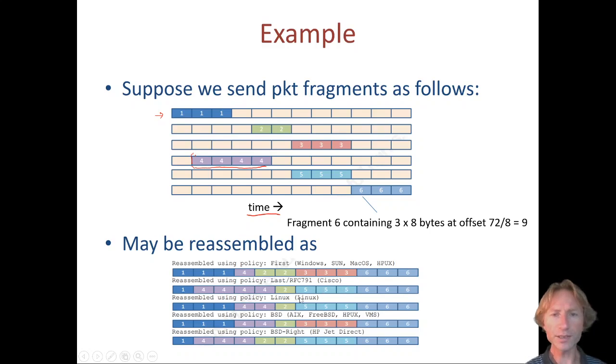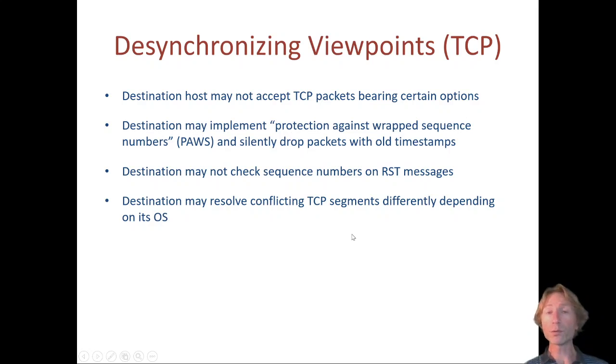Linux takes a slightly different choice: it takes the first 3, then 2 of the purple ones, 2 of the 4s, then 1 of the 2, then it takes the 5s instead of the 3s, and it takes a 6. So the combinations that are possible are quite numerous, and if your intrusion detection system takes one implementation and your victim contains a different one, you might end up with a different view of what is being sent by the attacker.